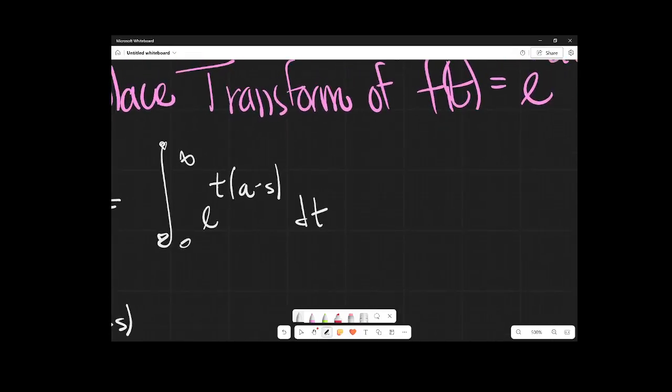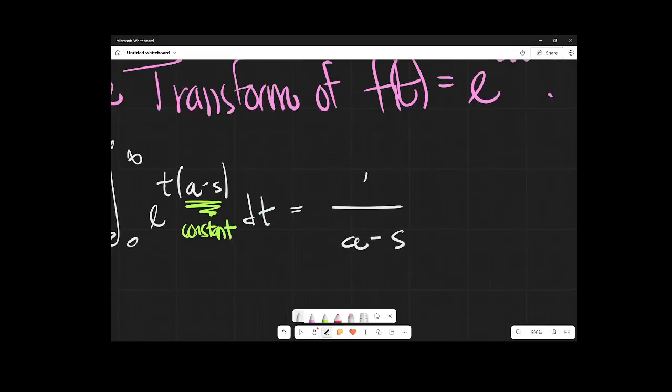All right, what's the integral of e to the t times a minus s? a and s are constants. So we know how to do this. Okay, and then e to the t times a minus s evaluated from 0 to infinity.